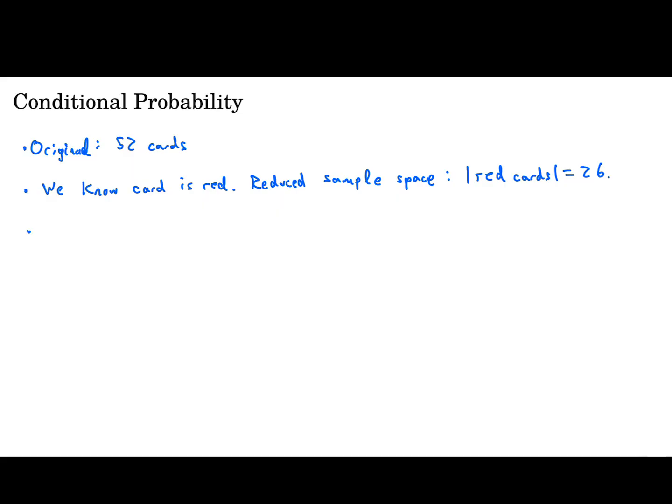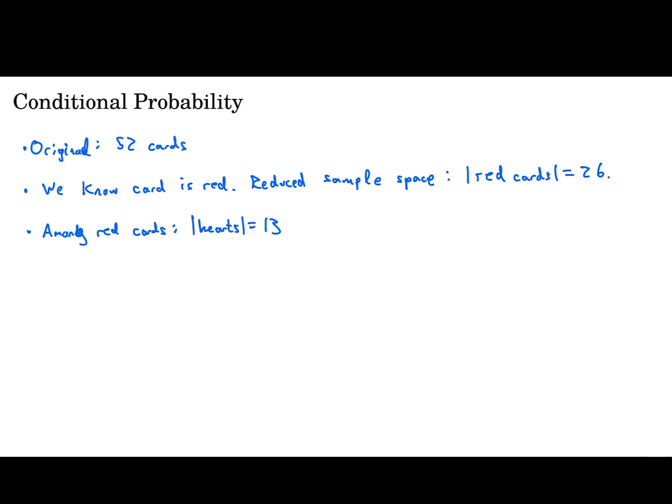So red cards are actually either hearts or diamonds, and so half of them are going to be hearts. So among red cards, we have the amount of hearts is equal to 13.